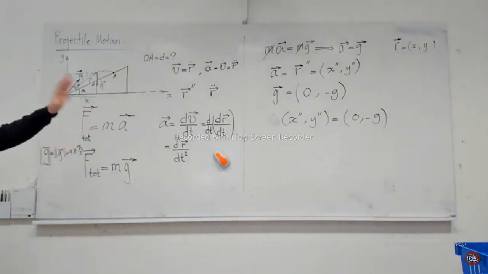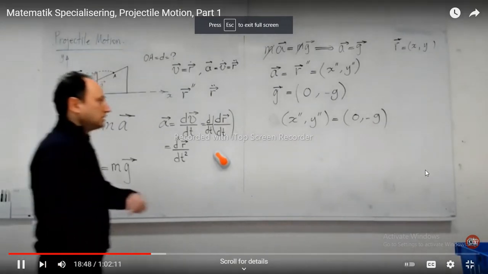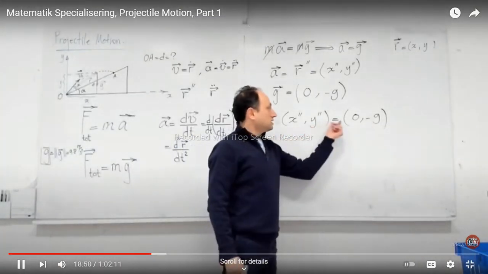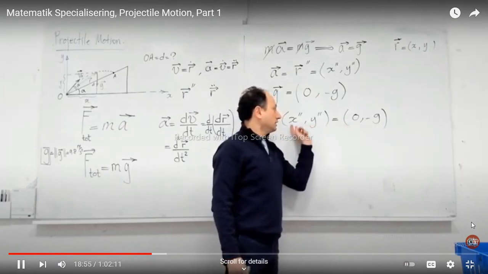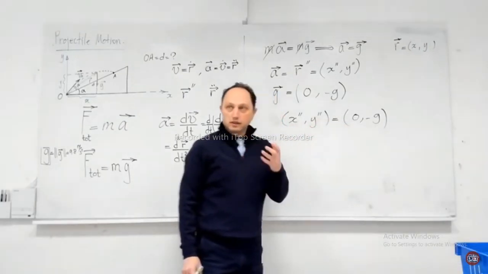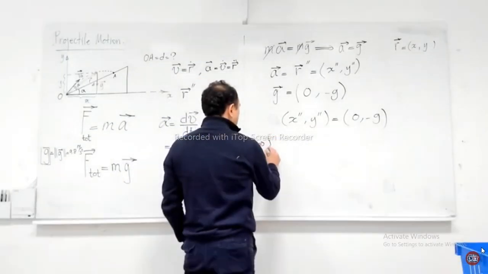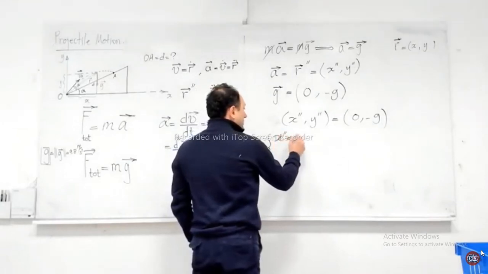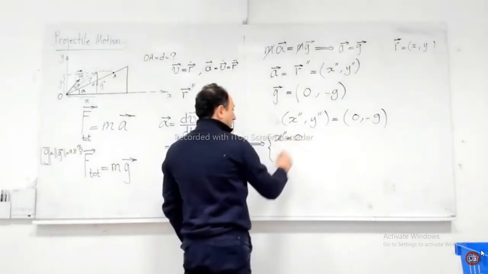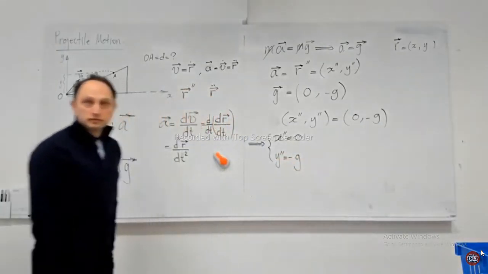If Newton's second law was not there, we couldn't write this. And then we learned that a vector is supposed to be equal to another vector. Vectors are equal if and only if the components are equal correspondingly. So it means that I get a system: x double dot is 0 and y double dot is negative G.